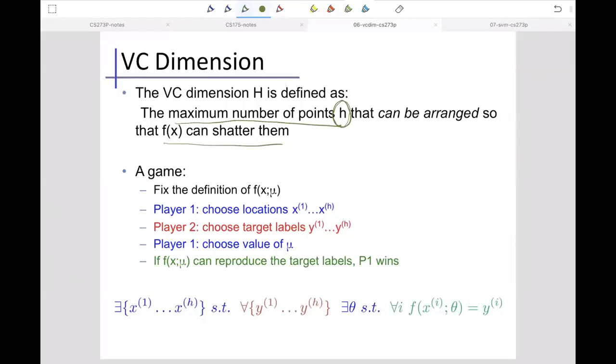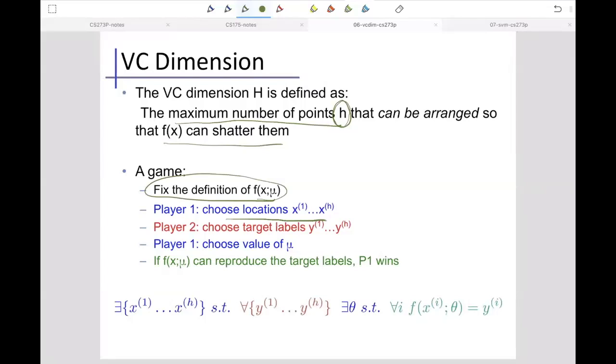In determining the VC dimension here, you can think of it as a two-player game. Your model is fixed here with a certain number of parameters. You learn those parameters based on a particular choice of label assignment on this data set. So one player is going to choose the locations of these H data points.